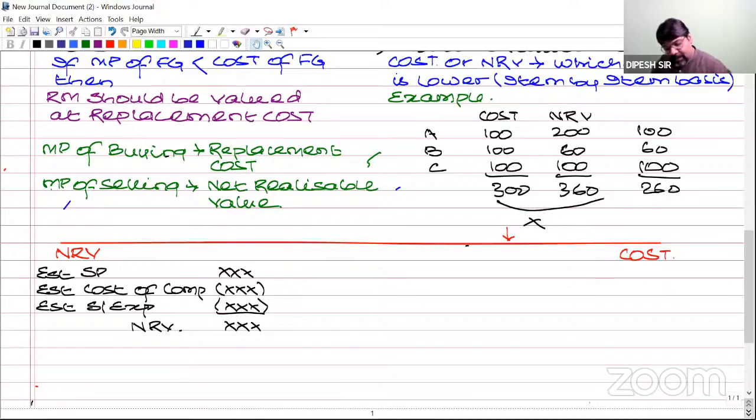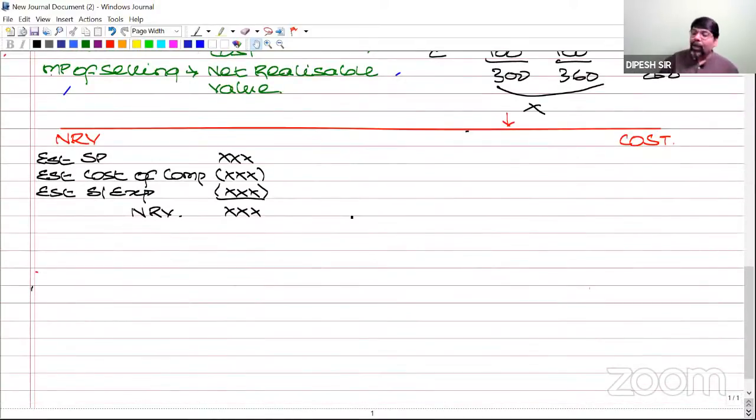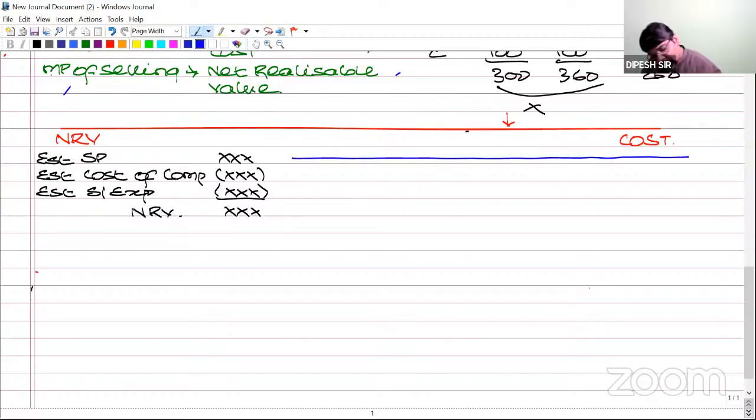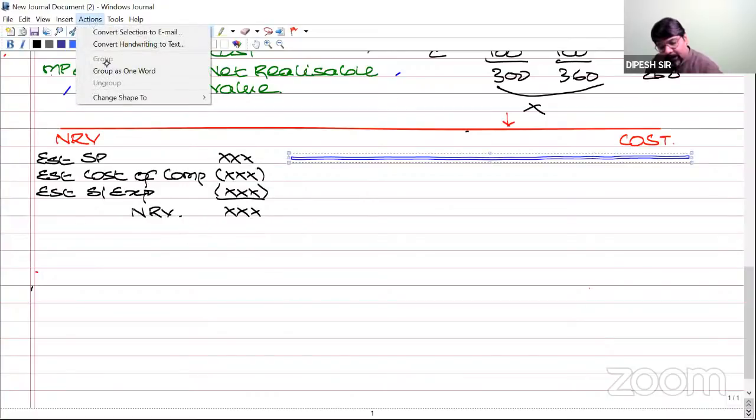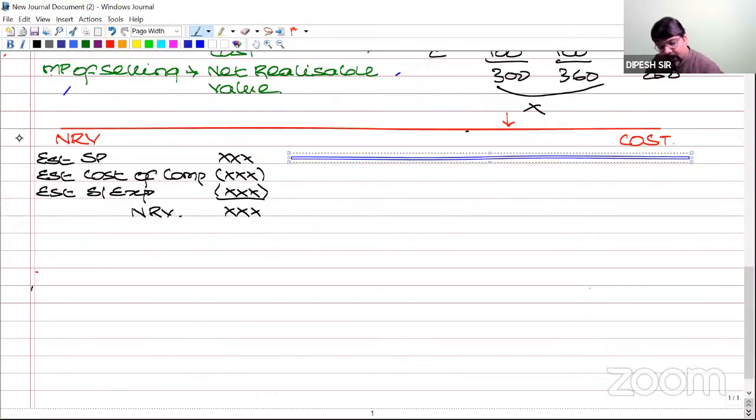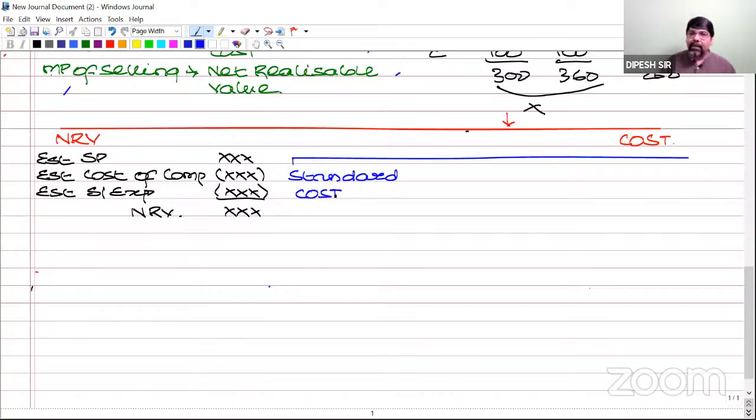Thereafter, cost, chartered. Cost means in cost, we have got 3 methods, chartered. First is standard cost.